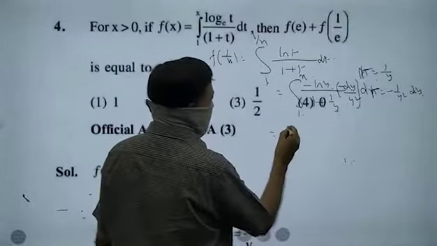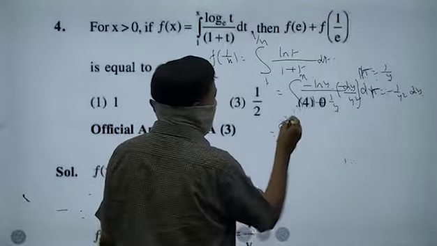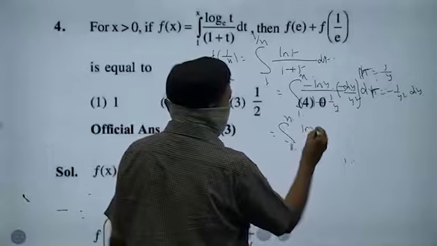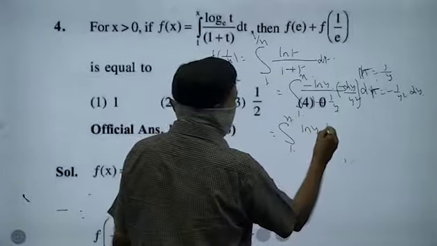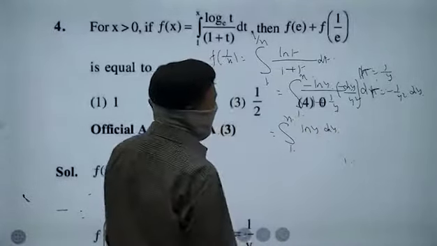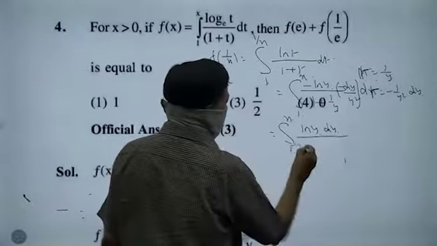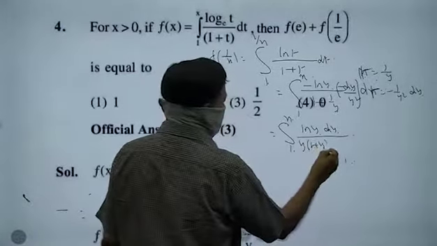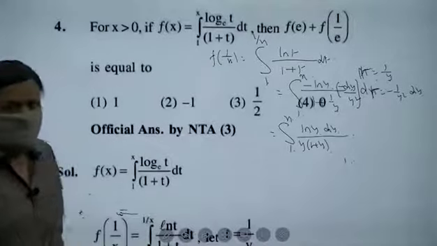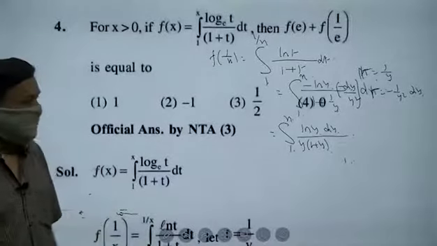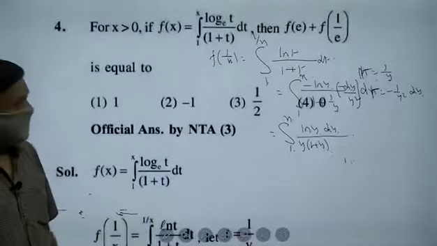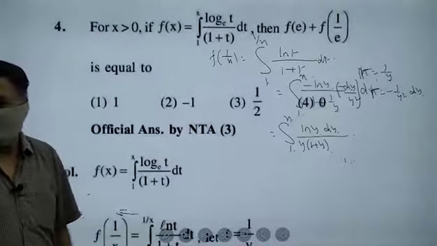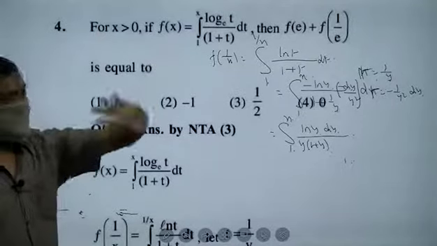So this will become integral 1 to x ln y dy by y into 1 plus y. Correct? So f of 1 by x is this. f of x is this.